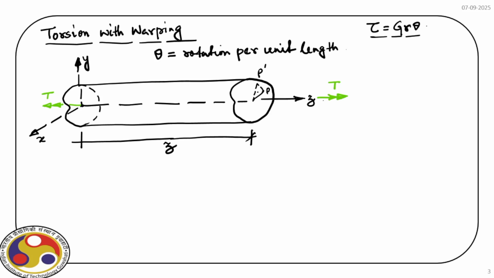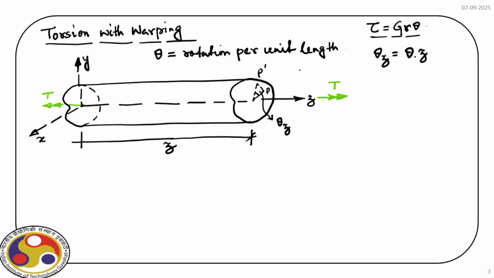The rotation here is theta of Z. That means the rotation of the cross section at the point P at a distance Z from the left end. So what is theta Z? We can write it as theta, the rotation per unit length, times the length, which is Z.